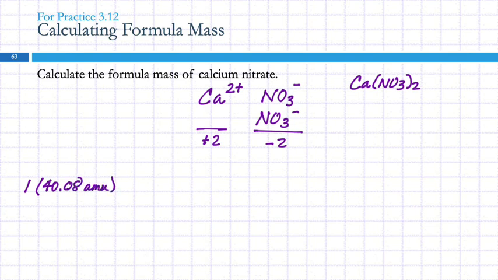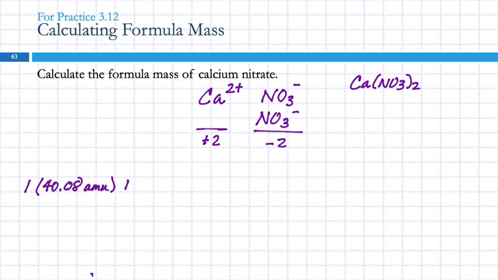If you look on the periodic table, and I'm just going to round them to 4 significant figures because that's what there are on the periodic table in my head, 40.08. Remember, 4 sig figs is the fewest number of digits you should use for atomic masses. You can use more, absolutely. Never less than 4. Okay, so that's the calcium.